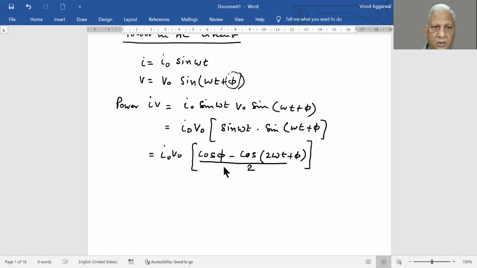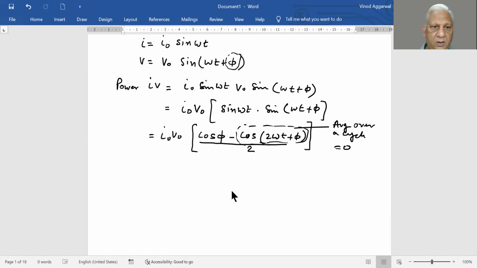Now, we've seen that in a cycle, the average value of this factor, the cos of 2 omega t plus phi, average over a cycle is 0. So our power becomes V naught I naught by 2 cos phi.